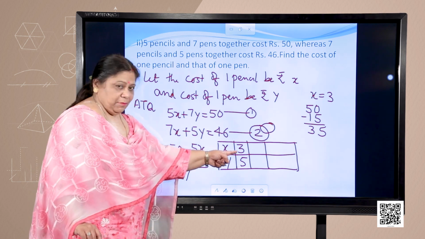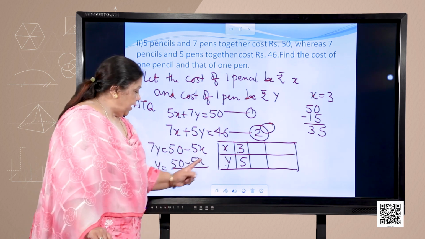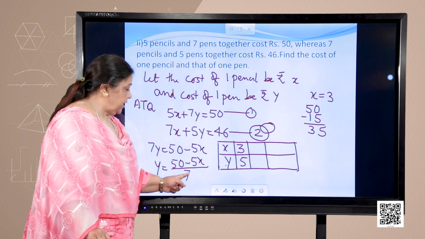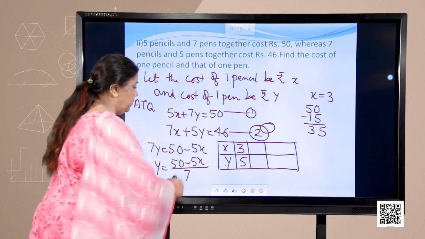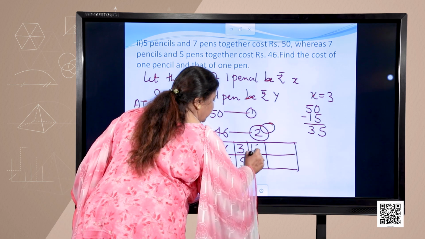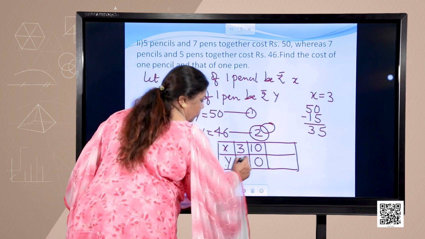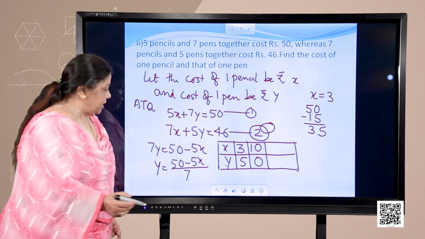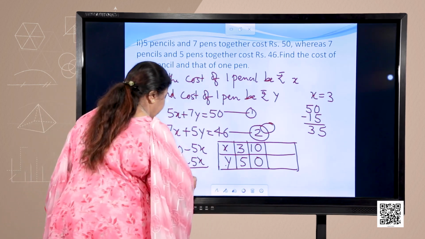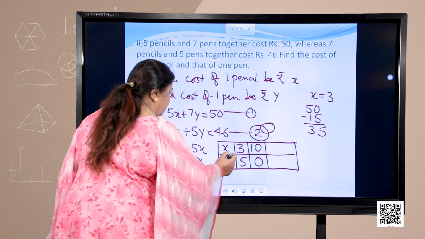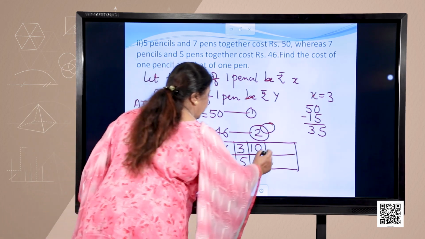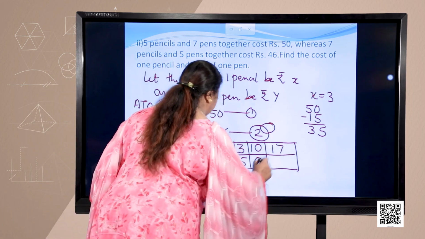After we get one value, there is a trick here. Just look at this number 3. 3 plus 7 denominator, it gives me 10. 7 plus 3 is 10. So let me check for 10. What is 50 minus 50? 0. So easy to calculate the point. Likewise, what is 7 plus 10? It is 17.